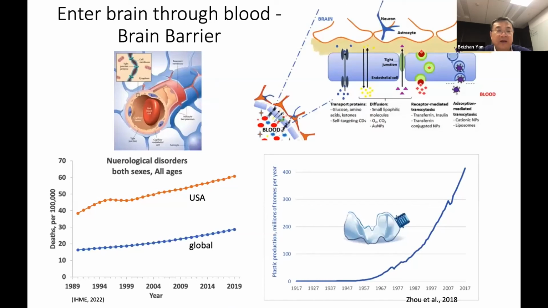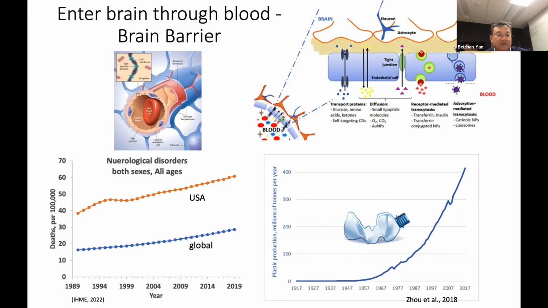Another potential way to cause adverse effects is getting into the brain. You probably know that between the blood and the brain there is the blood-brain barrier, because the brain is a very important organ, so the body wants to keep the blood clean getting into the brain.